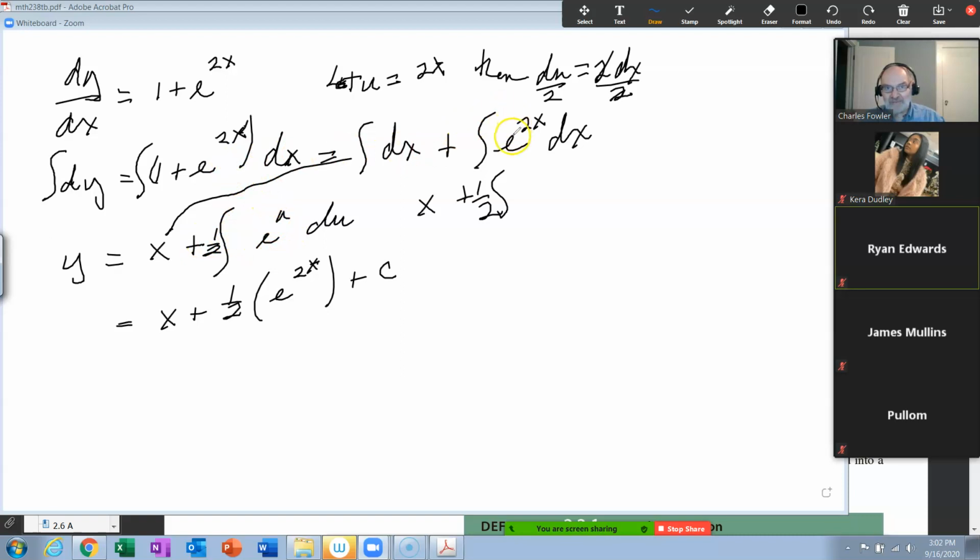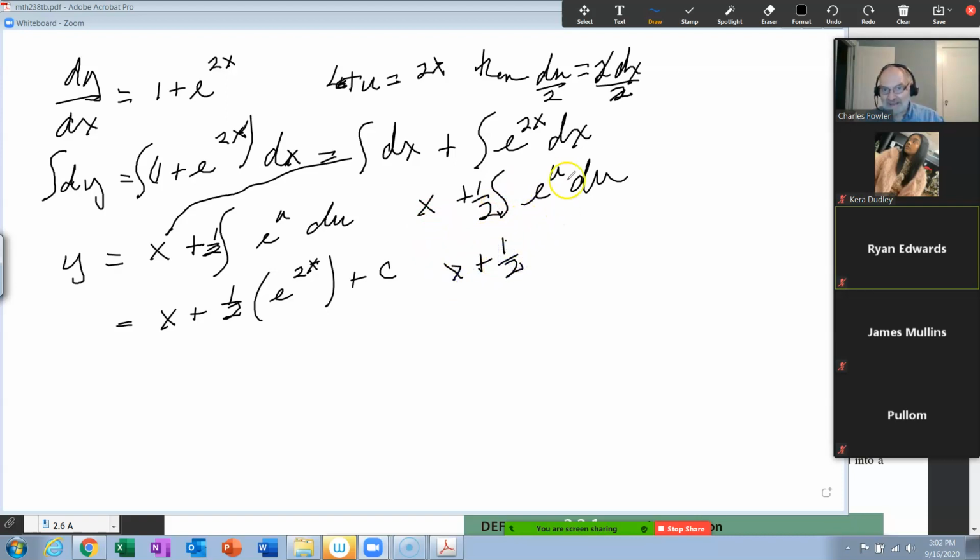The integral of e to the 2x, u is 2x, so this would be the integral of e to the u du. The 1/2 went out front, the e to the 2x became an e to the u. This is already integrated, so that'd be x plus 1/2.